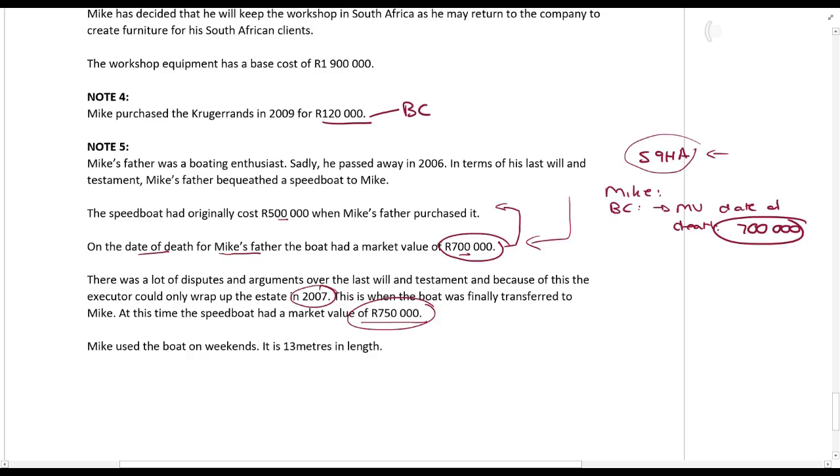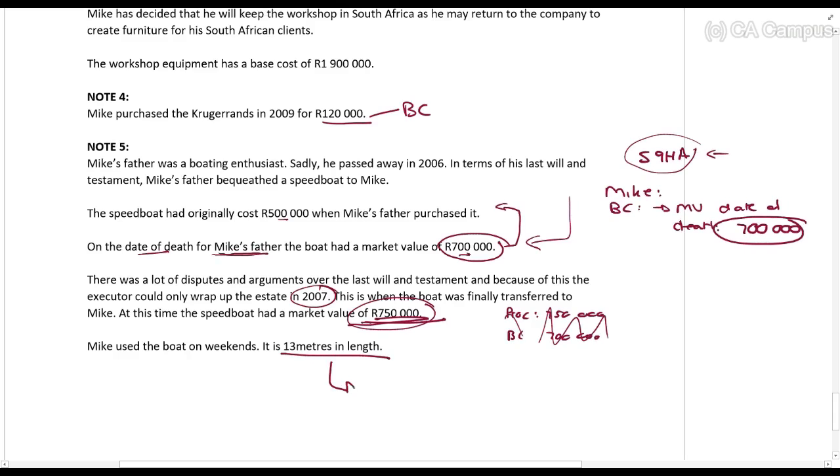The reason for this is Mike sold it immediately. Now, there will be proceeds of 750,000 and their base cost will be 700,000, which is then correct. It will be the increase in the market value since the date of death, because the date of death is when it became Mike's property, basically. So the increase since Mike had it. That's why it works in that way. Right, it's a smart way which the act's written. Mike used the boat on weekends and it is 13 meters in length.